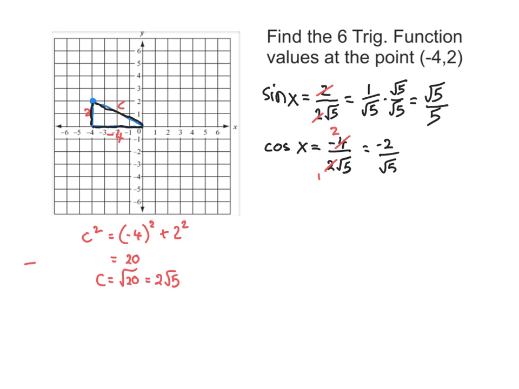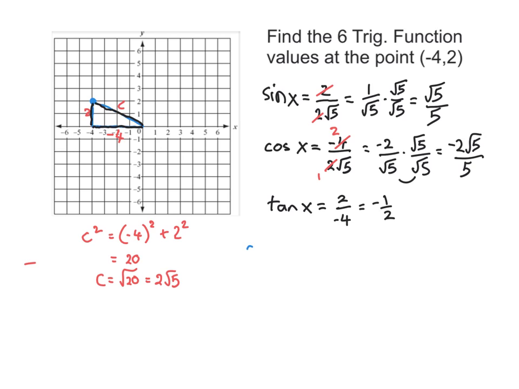And we multiply by root 5 over root 5, and we get negative 2 root 5 over 5, since root 5 times root 5 is just 5. Tan x is going to be opposite over adjacent, so 2 over negative 4 equals negative 1/2.